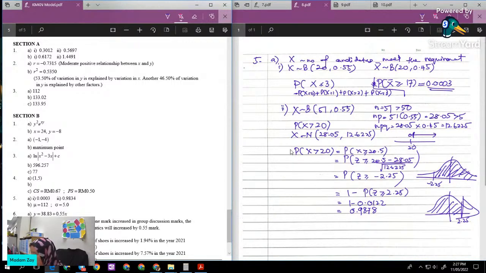Kenapa? Adakah sebab dia pemudahkan dia punya square root tu? Dia punya variance? So 20.5 minus 28.5 divided by square root of 12.62. Sama je. Saya salah tengok table ke?